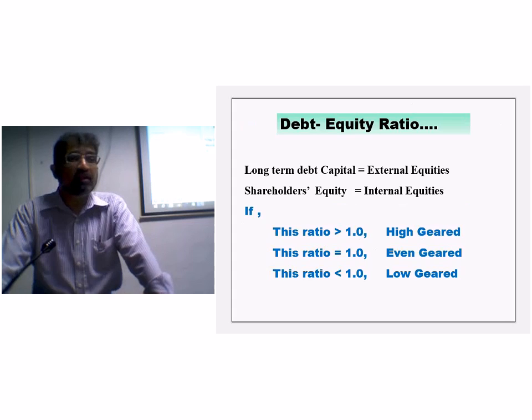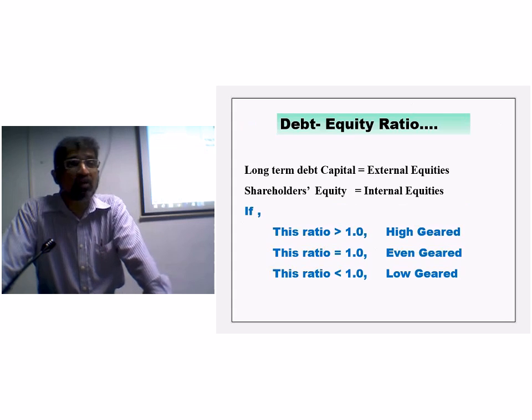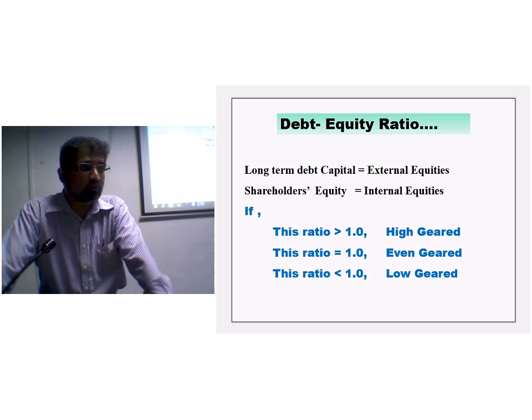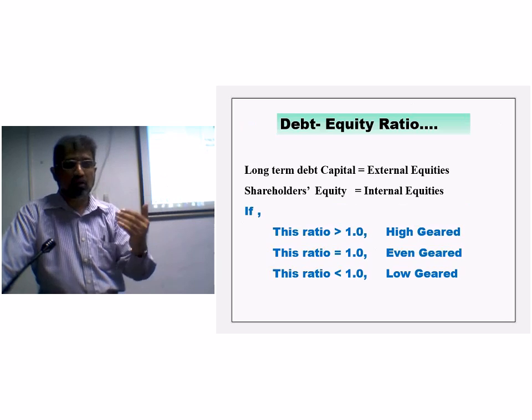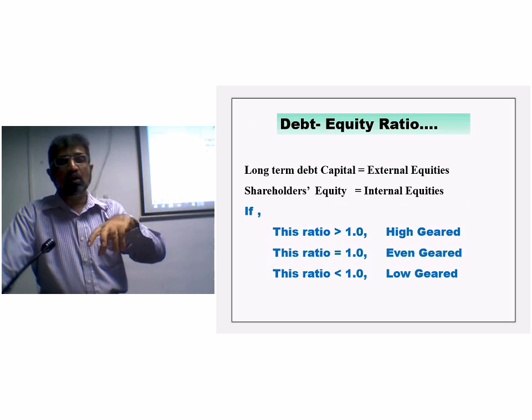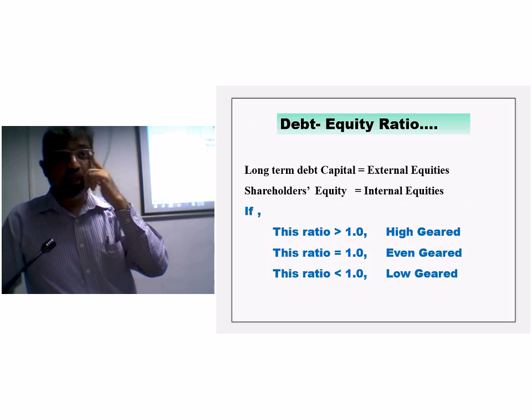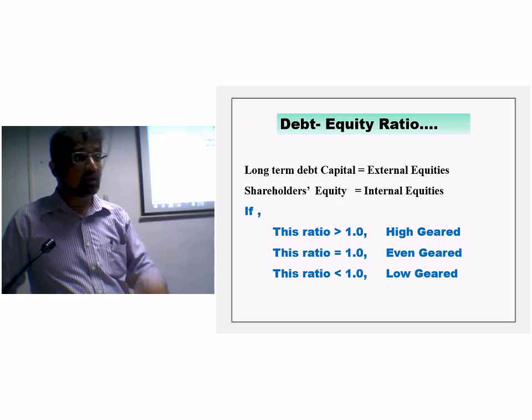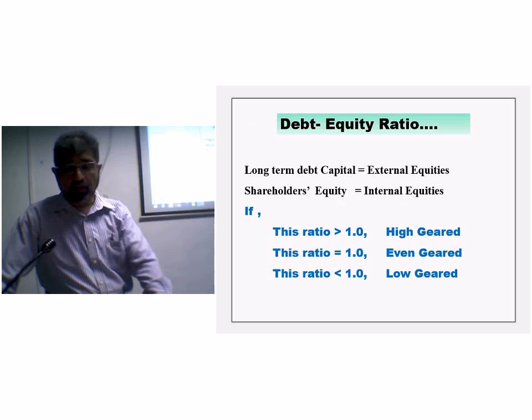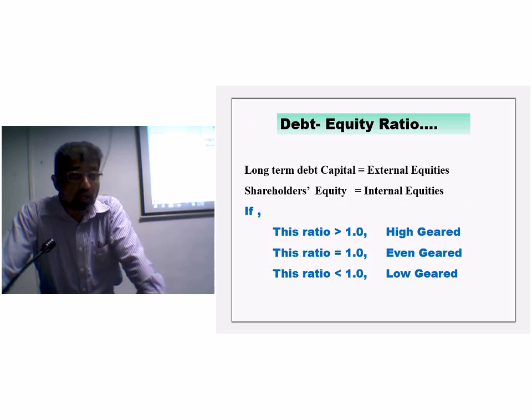Previously we considered 0.5 as a benchmark value. Now this benchmark value is 1. What is the reason? Previously the denominator was total capital, and now it is equity capital. So if your answer is 1 or greater than 1, again high gear; equal to 1, even gear; and less than 1, low gear.